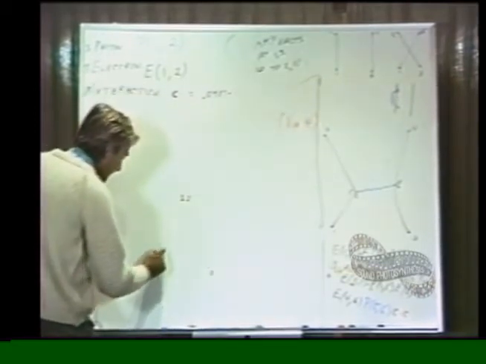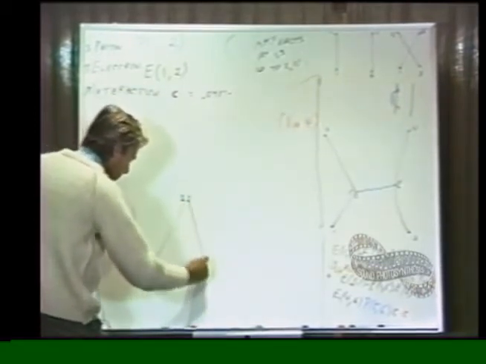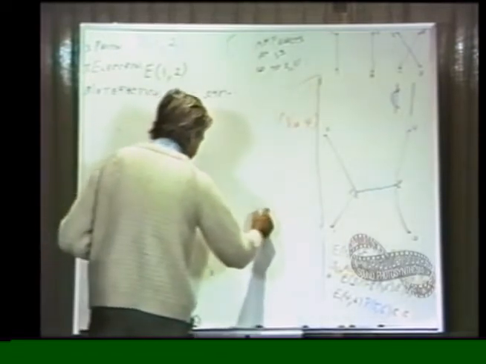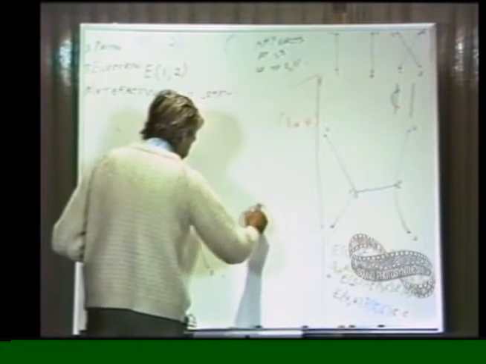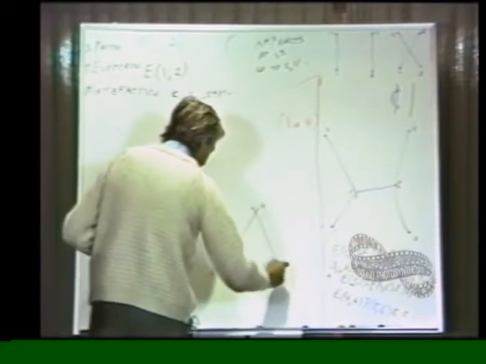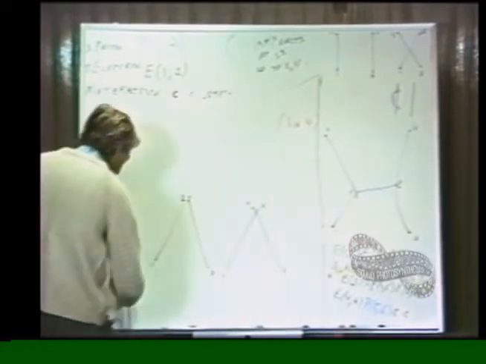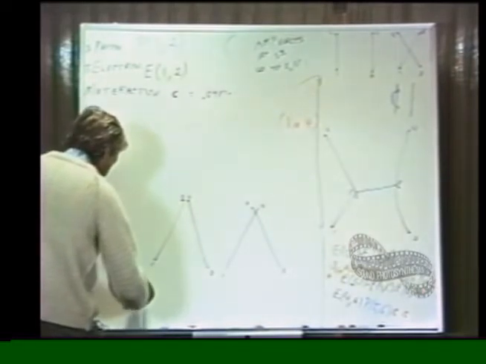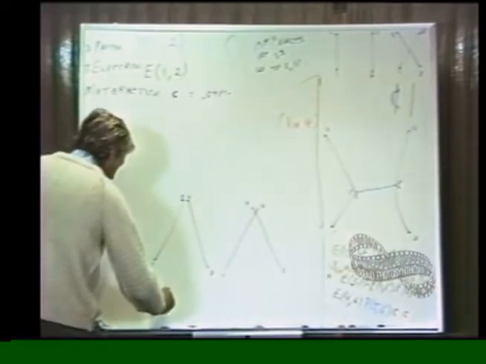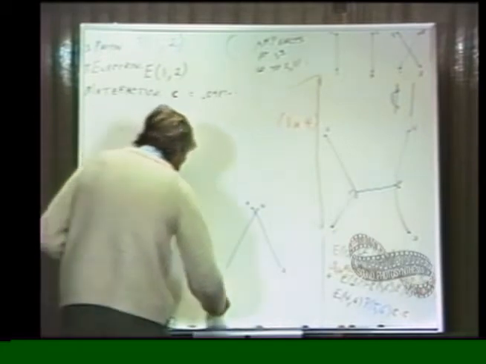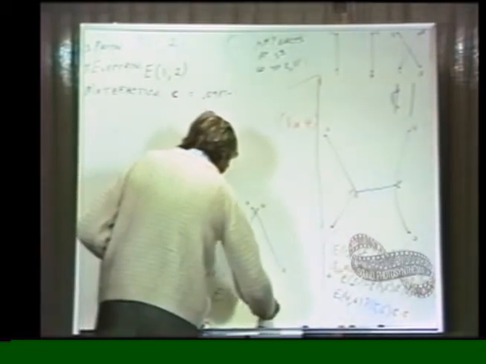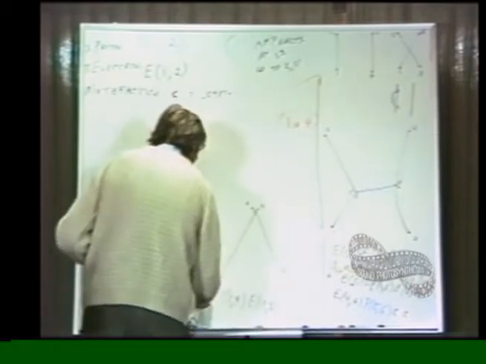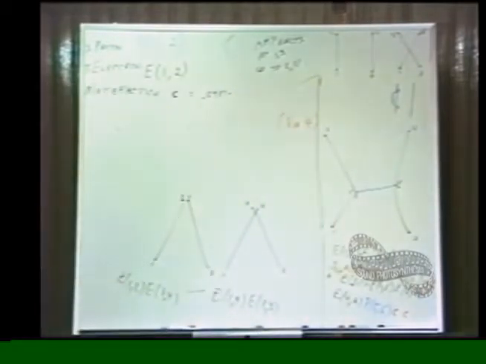Then I have to add the amplitude for this one to the amplitude for this, but I'm supposed to subtract, right? What are these amplitudes? This one was E12 times E34. This one is E14 times E23. And the answer is that. Subtract.